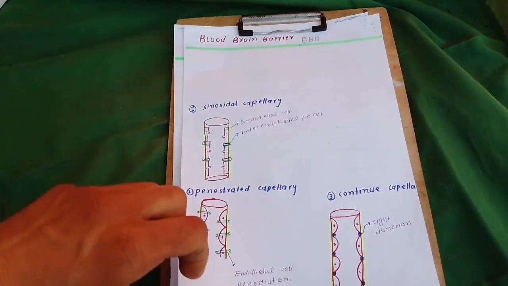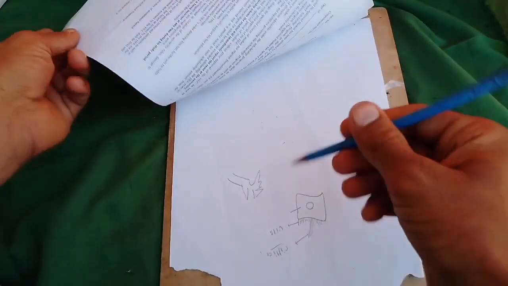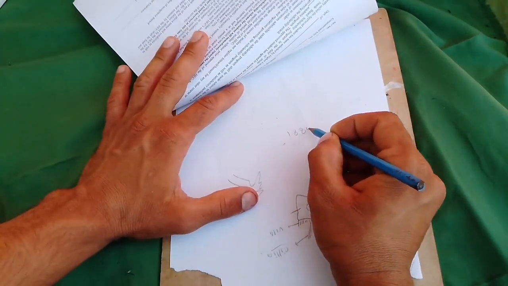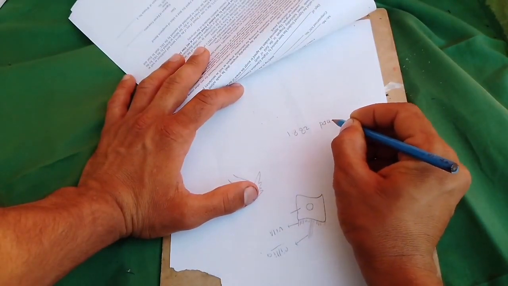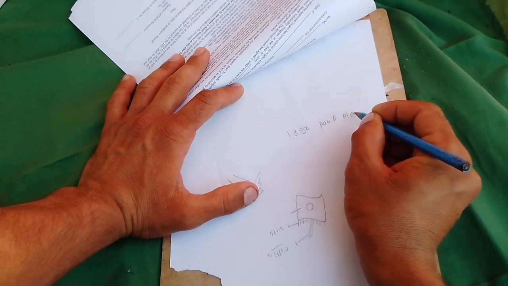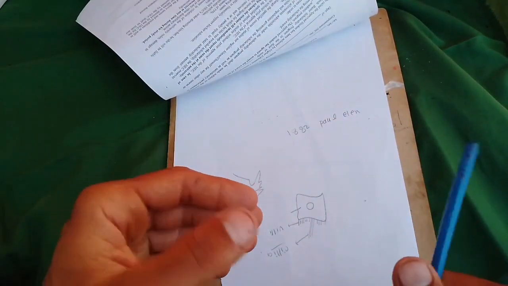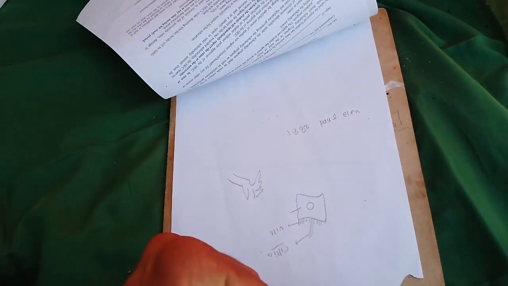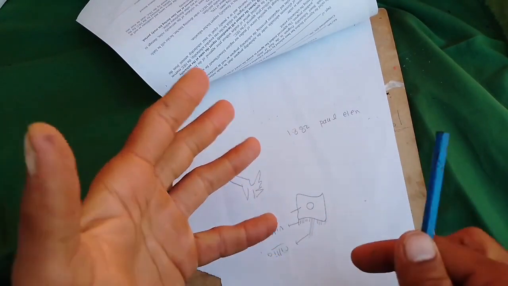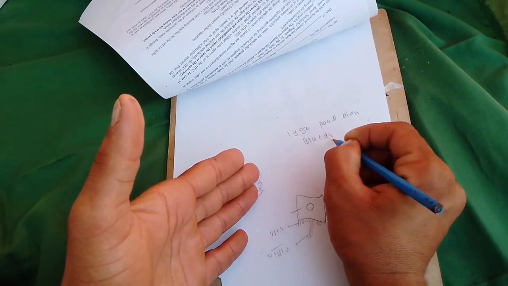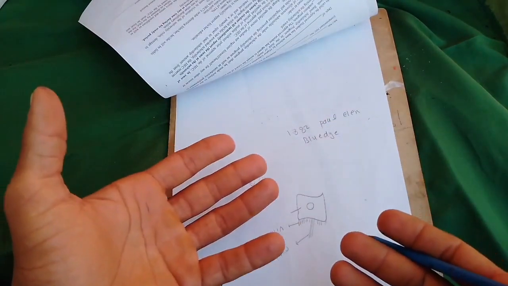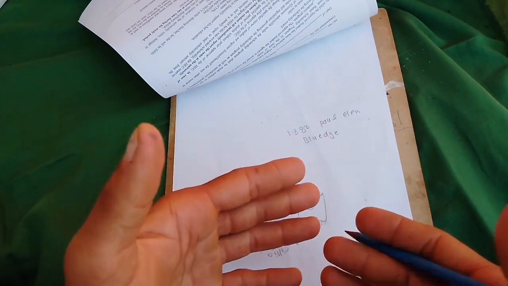In 1882, a scientist named Paul Ehrlich injected blue dye into the body of a bird.